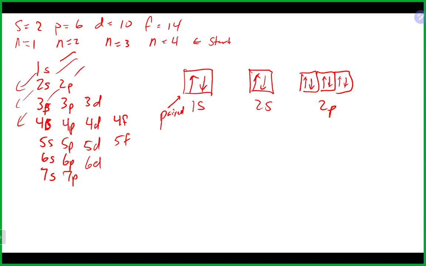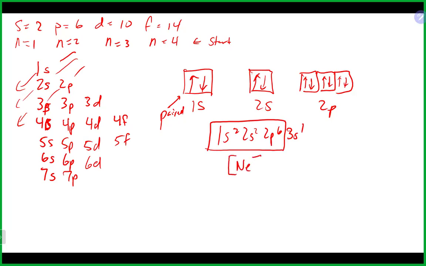We also talked about shorthand: 1s2, 2s2, 2p6, 3s1. If you look at the electron configuration here and count up the top numbers, that is 10. On the periodic table, 10 is neon, which is a noble gas, so you can shorthand the configuration by putting neon in brackets.